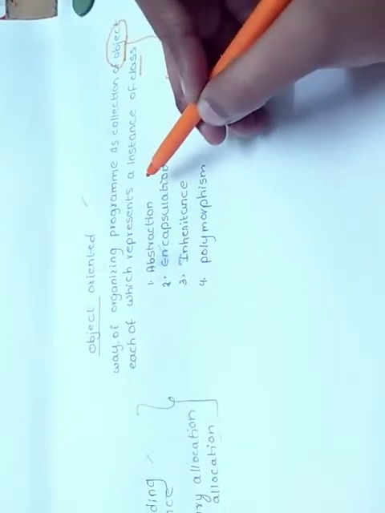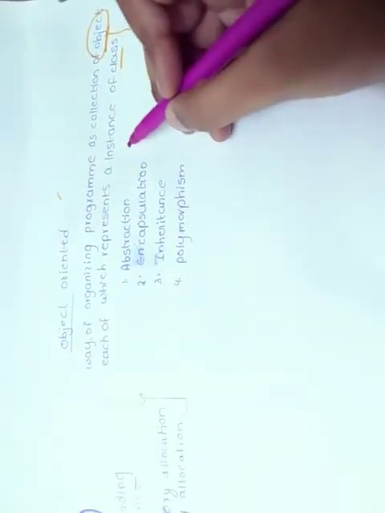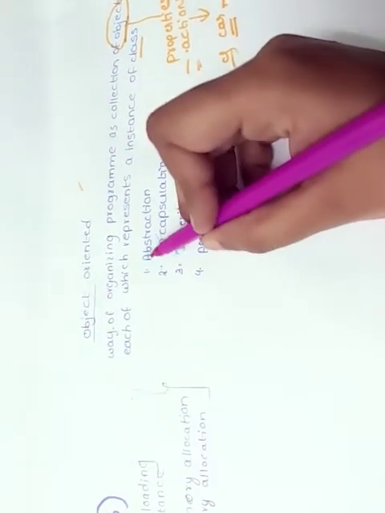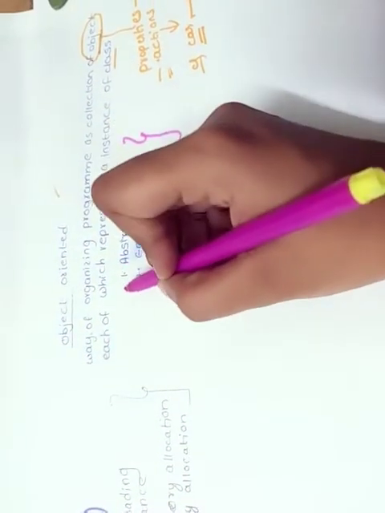There are four concepts mainly involved in object-oriented programming: abstraction, encapsulation, inheritance and polymorphism. I have already explained these four topics in the previous tutorial, but here I want to explain them briefly.